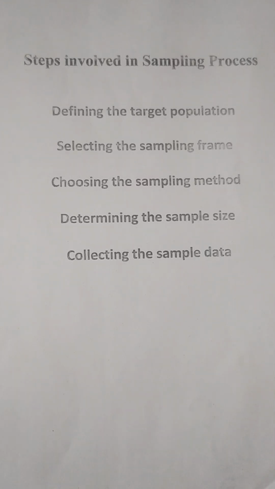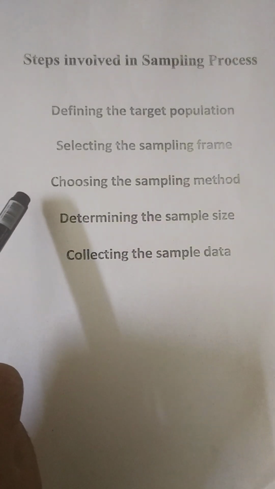For example, if the target population is girls of a primary school, then the sampling frame is the girls studying in class 5th of that school, right? All the girls of the primary school represent the target population, and if we have considered one specific class, the girls from that class formulate the sampling frame.